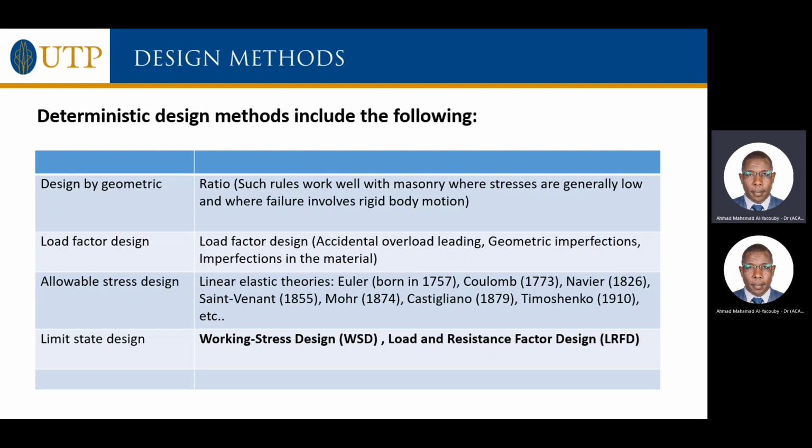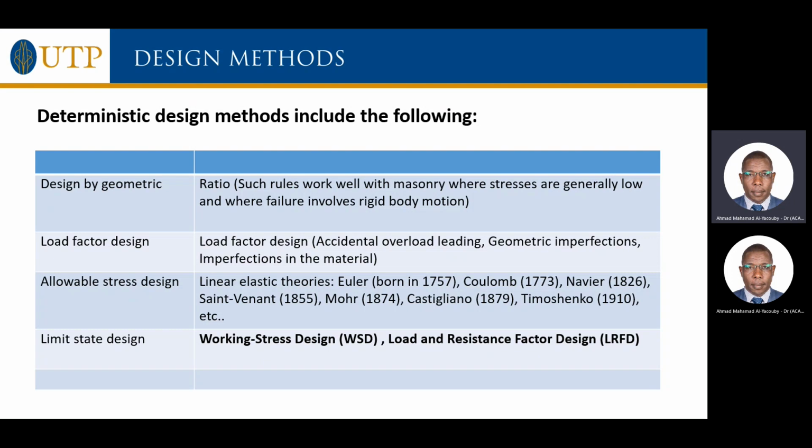A good example is design by geometry, in which the ratio between the length and the width can be used to come up with an appropriate design, or the load factor design, in which an appropriate factor of safety is taken in order to increase the load by a well-defined factor of safety, and to reduce the strength by using an appropriate factor of safety to consider accidental load or geometric imperfection or imperfection in the material itself.